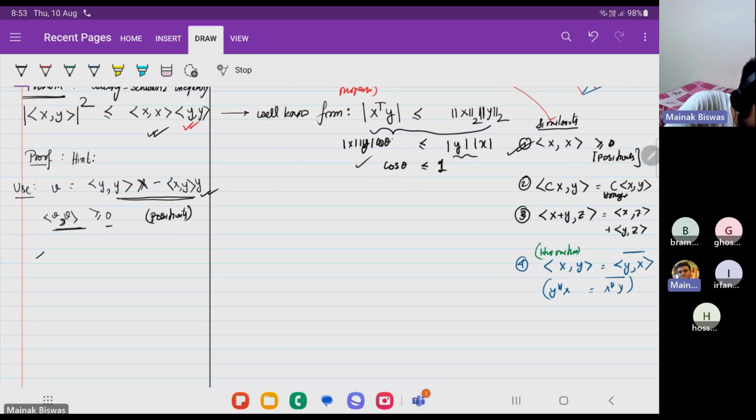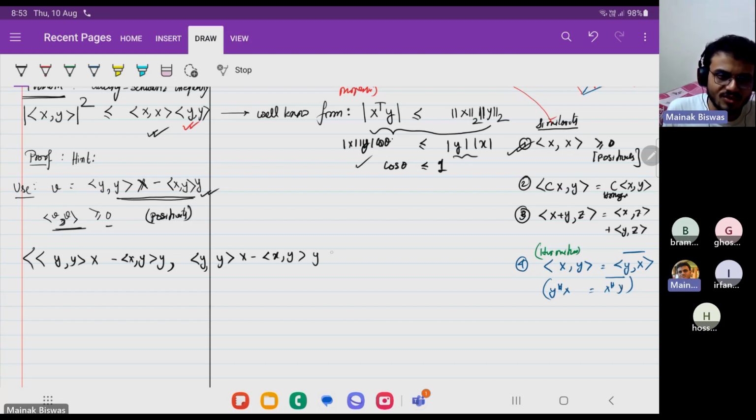So what is the inner product of V with V then? It is the inner product of y x minus x y with y x minus x y, right?